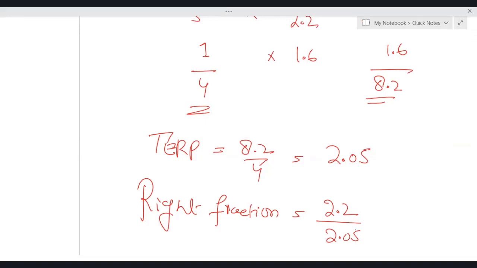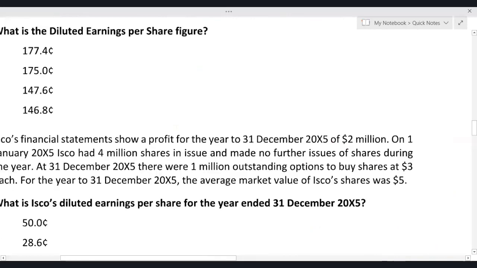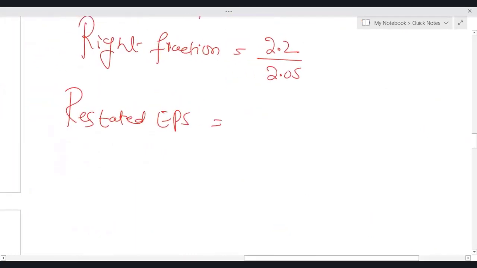Just multiply your last year EPS by the inverse of the bonus fraction or rights fraction. So here comes the restated EPS. What is the restated EPS? Last year EPS is 81 cents, so simply multiply it by the inverse of the rights fraction. So 81 cents multiplied by 2.05 divided by 2.2.